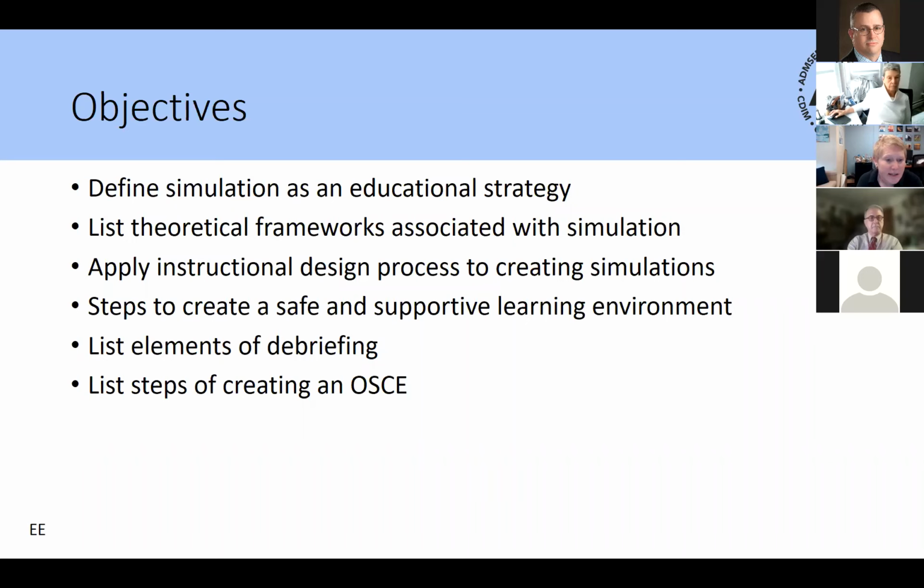We're also going to list some elements of debriefing and the steps for creating an OSCE. So a lot to do in 50 to 60 minutes, but we hope to have this be a launching point for your thinking about how you bring simulation into your learning environment to your learners.